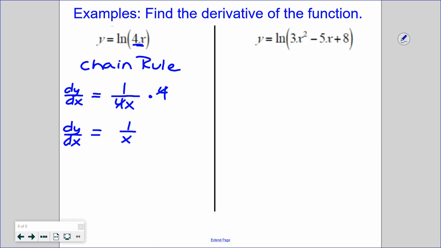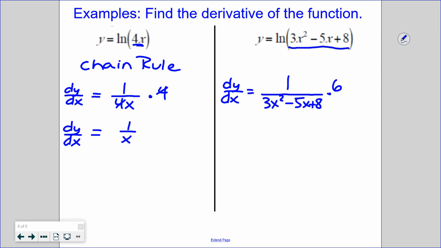Here, for our next example, we're finding the derivative of natural log of 3x squared minus 5x plus 8. So here's how I would start it out. The derivative is going to be 1 over what's in parentheses, but then times the derivative of the inside.